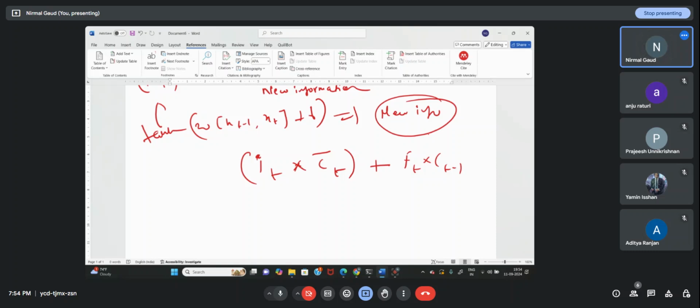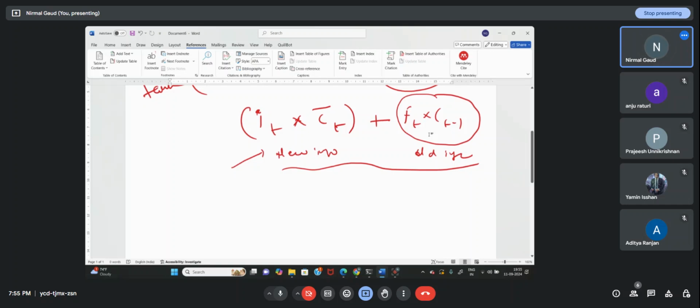So the selection from previous long-term dependency and new information. This is new info. This is old info. So new info and old info together will be the updated info.